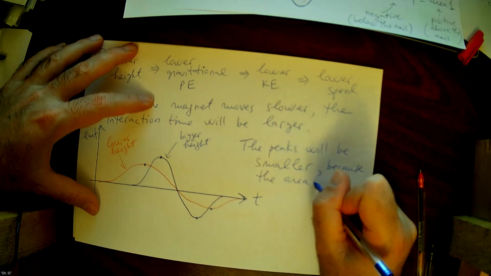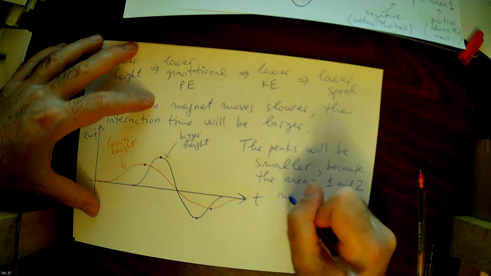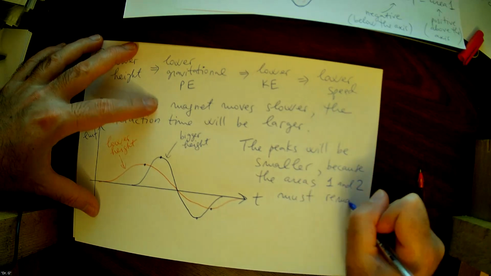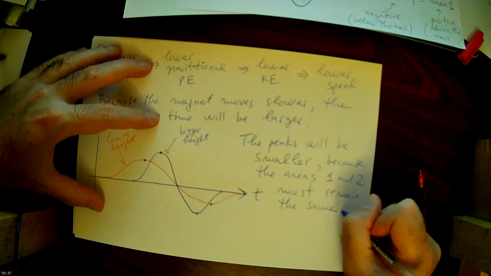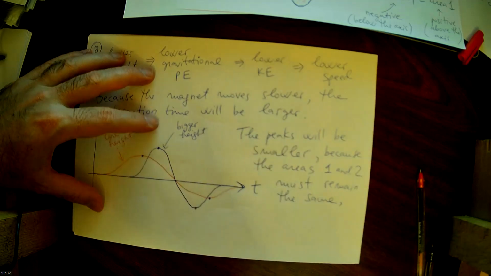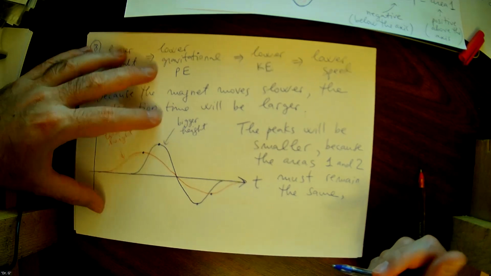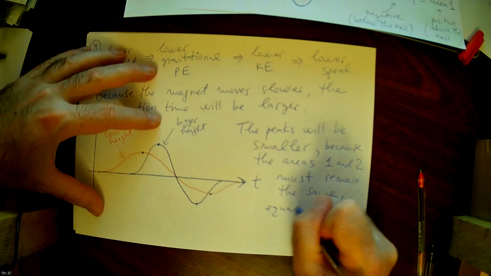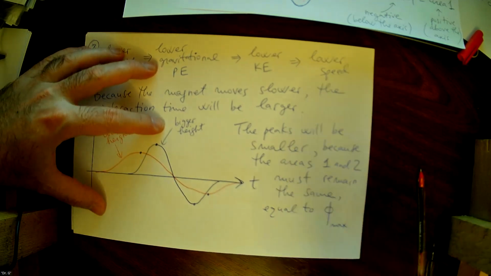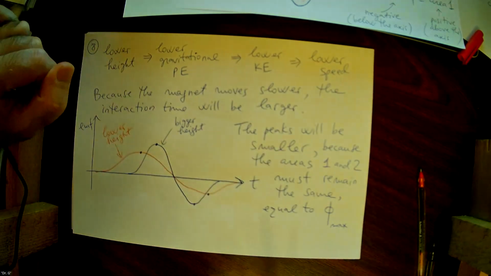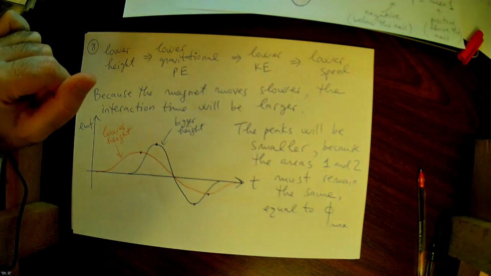Because the areas 1 and 2 must remain the same, okay? Both are equal to the maximum magnetic flux. This conclusion does not change. The conclusion we reached previously.